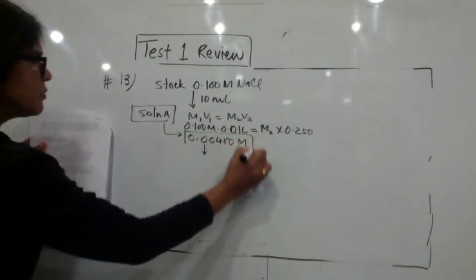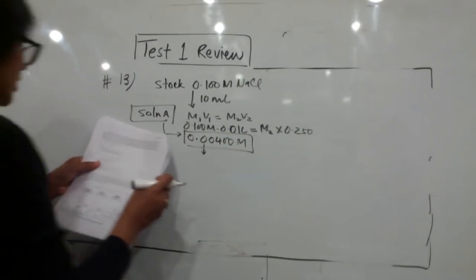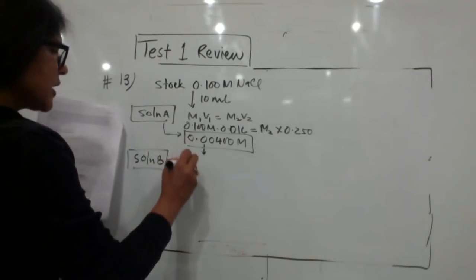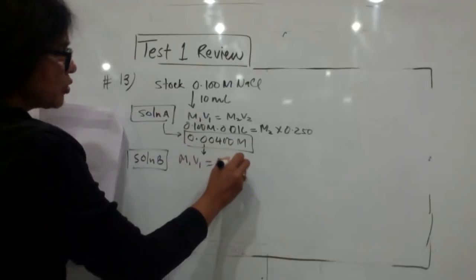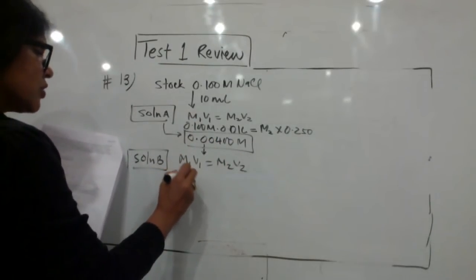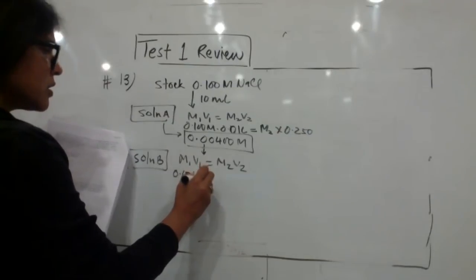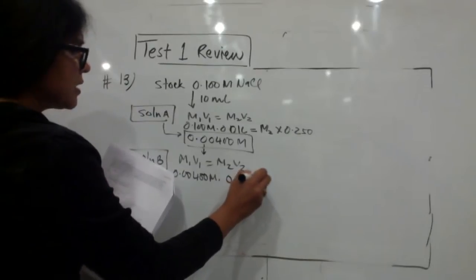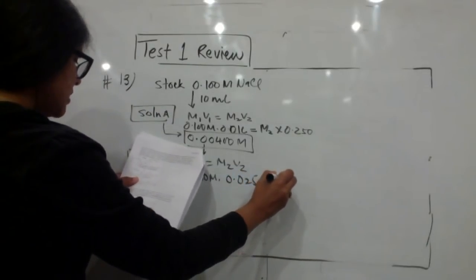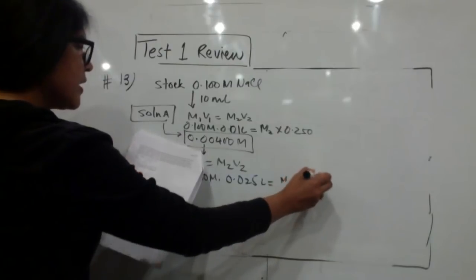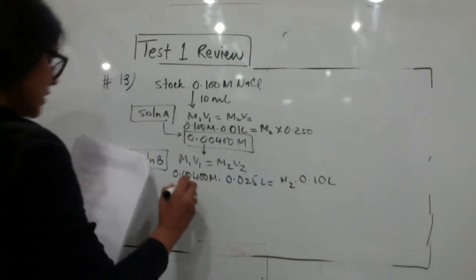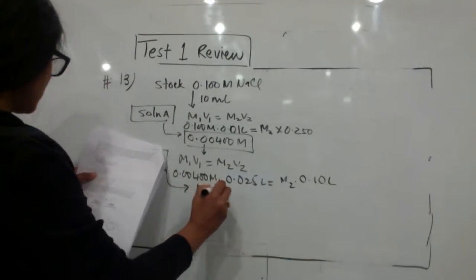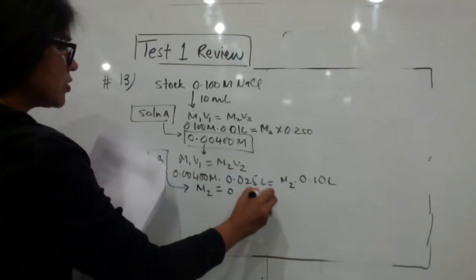Then you took this molarity and you again made solution B. Again use M1V1 equals M2V2. You took 0.00400 molarity and you took 25 mL of it, and you need to know the molarity, and 0.10 liters. So 100 mL. So the molarity of solution B comes out to be 0.00100 molar.